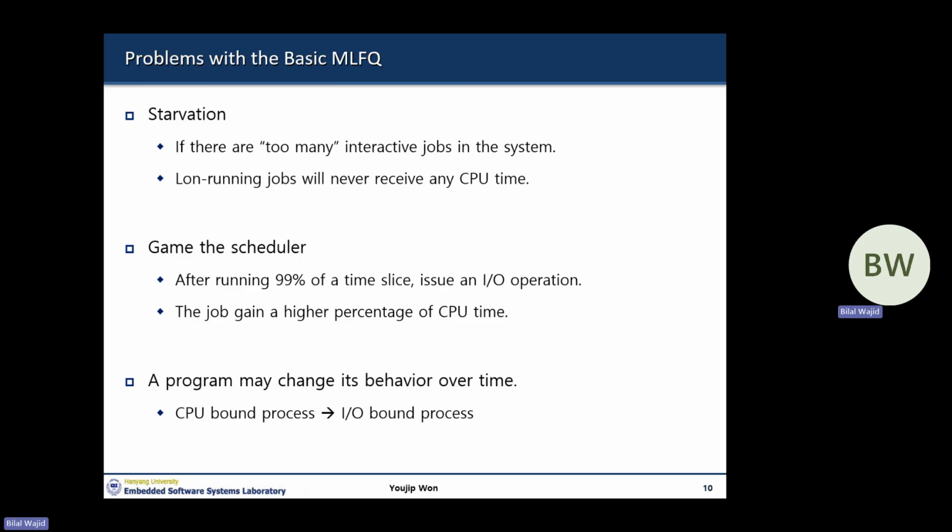The other problem is some jobs, some viruses even, might actually try to game the scheduler. That is, after running 99% of the time slice, it suddenly issues an input-output operation. Think about it. If you have a job that is allocated 100 clock cycles, the job actually consumes 98 clock cycles, and in the 99th clock cycle, it issues an input-output operation.